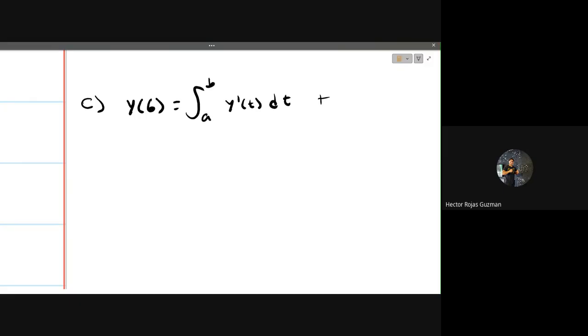A to b. Okay. So the question is, where does 6 go? Technically, yes, I took a to b, but yeah, a to x, and that's my x, my t. So now we just have to figure out a and f of a.